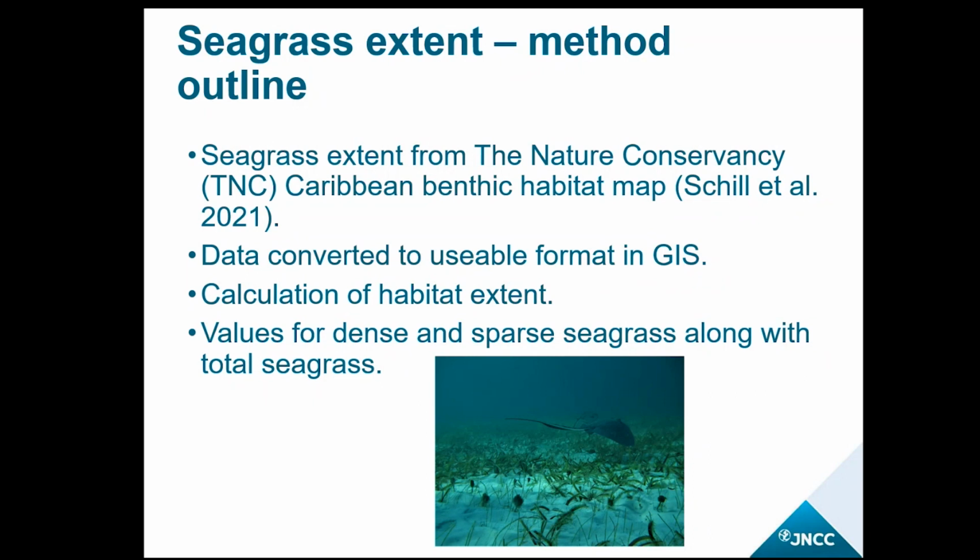As I've already said, I used data from the Nature Conservancy Habitat Map. Data was then converted to a usable format in GIS to calculate habitat extent, and values for dense and sparse seagrass were produced along with total seagrass values. I should say the habitat map is also available through the TCI data portal.